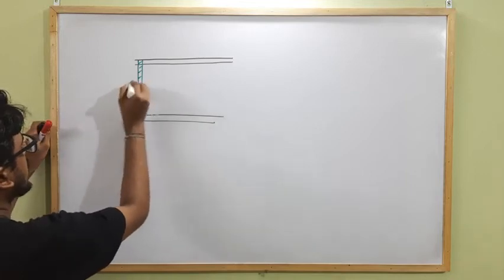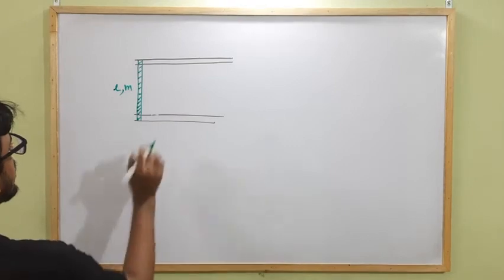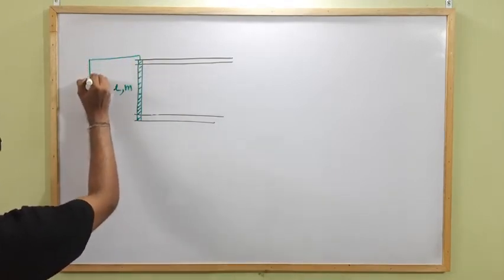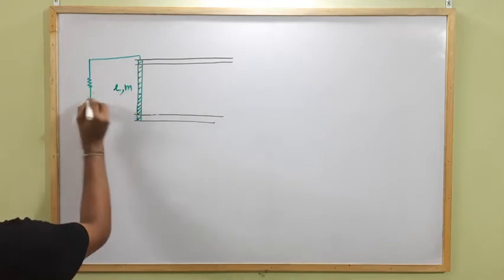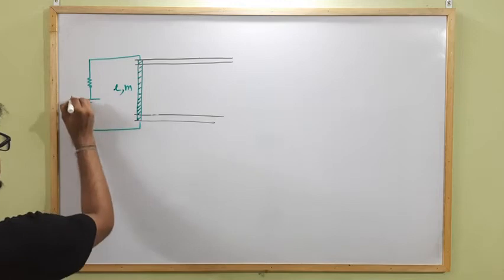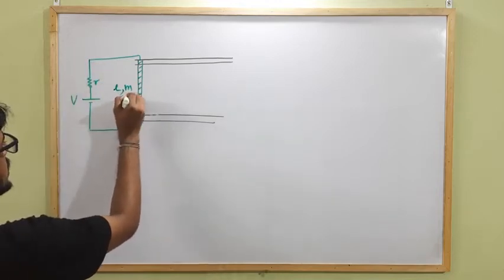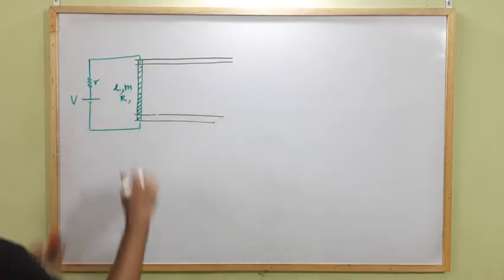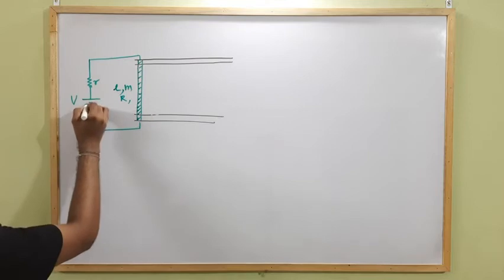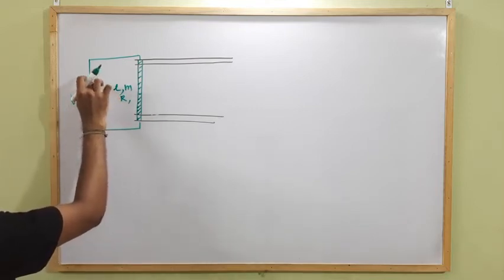Length of the metallic conductor is L, mass is M. Clear? And it is connected with an external source V, and the resistance is R. Its length is L, mass is M, and resistance is R. It is connected with an external source of potential V and an internal resistance R.